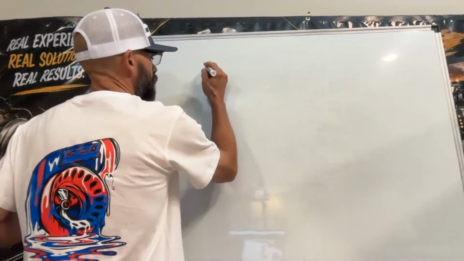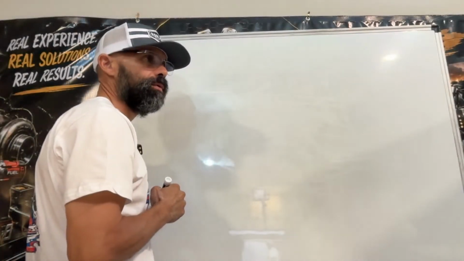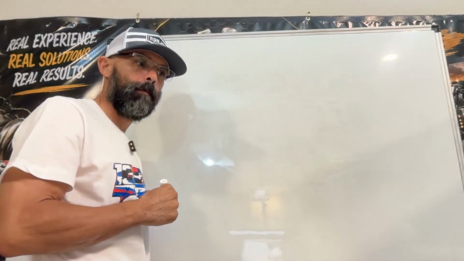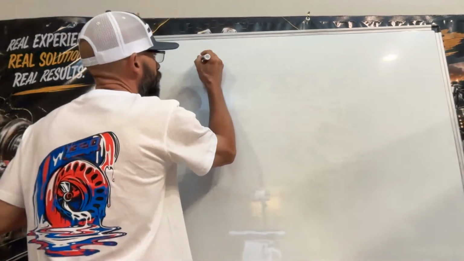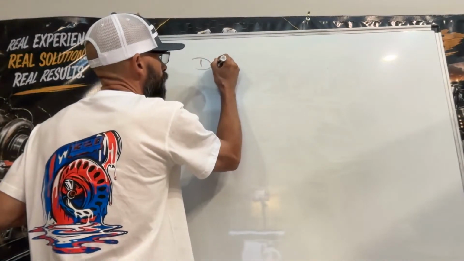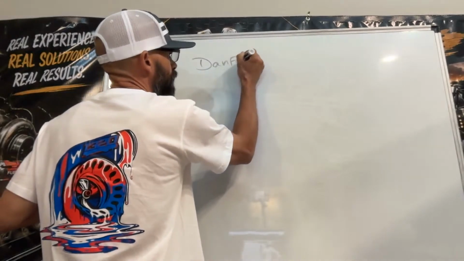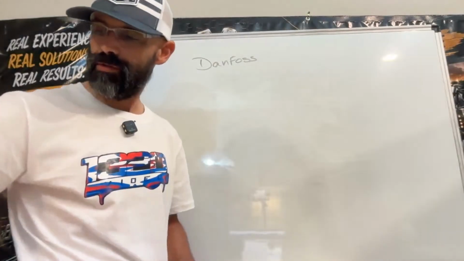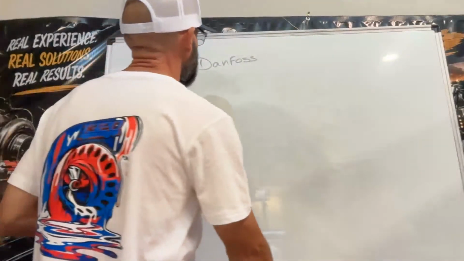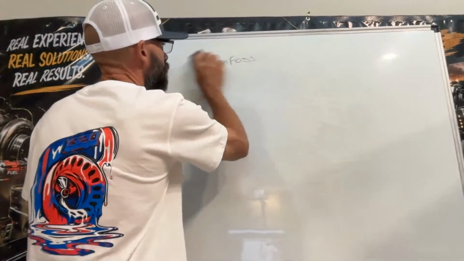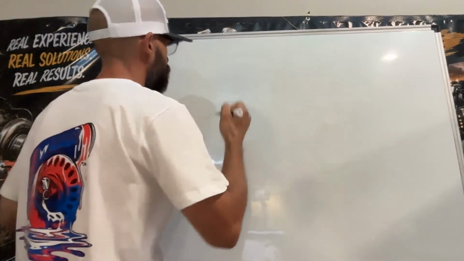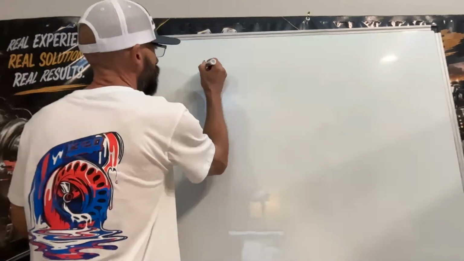So let's say that we're trying to troubleshoot a system on a Danfoss pump. Let's call it Danfoss. This marker is a little bit too dry, let me get one that is a little bit darker. Give me 1 second. Yeah, that's better.